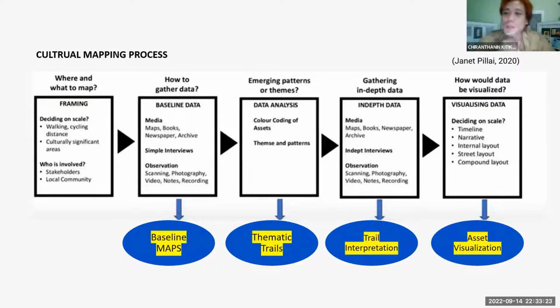But sometimes you set the where first, like you want to know who uses this area or what this area looks like. So you put where first and then try to find what or people. You say that and you have to study the background on it. So you study the background about the site, about the significant area, about stakeholders or locals first. And that is the first layer that you have to understand before you go to the site.